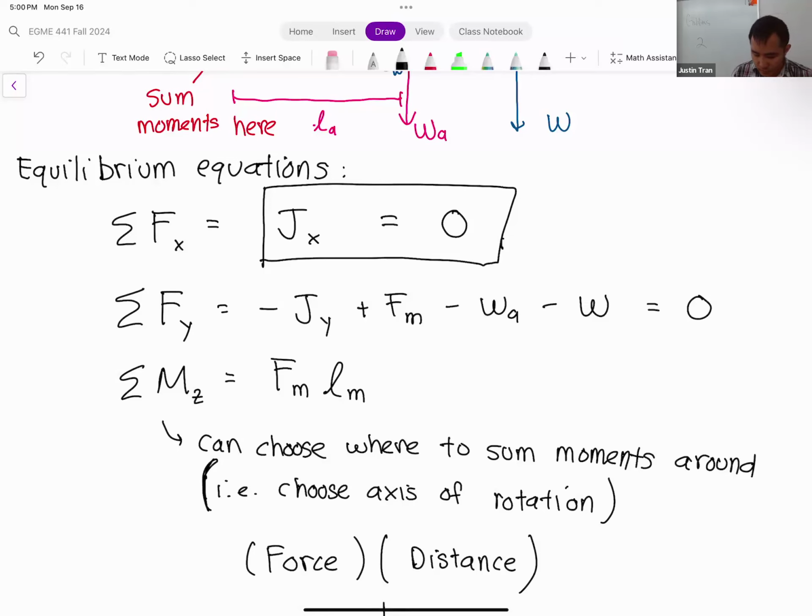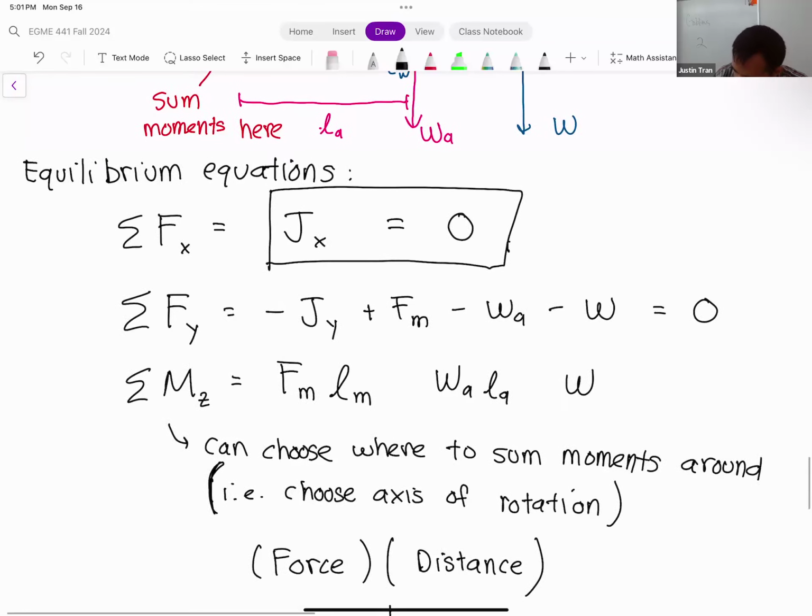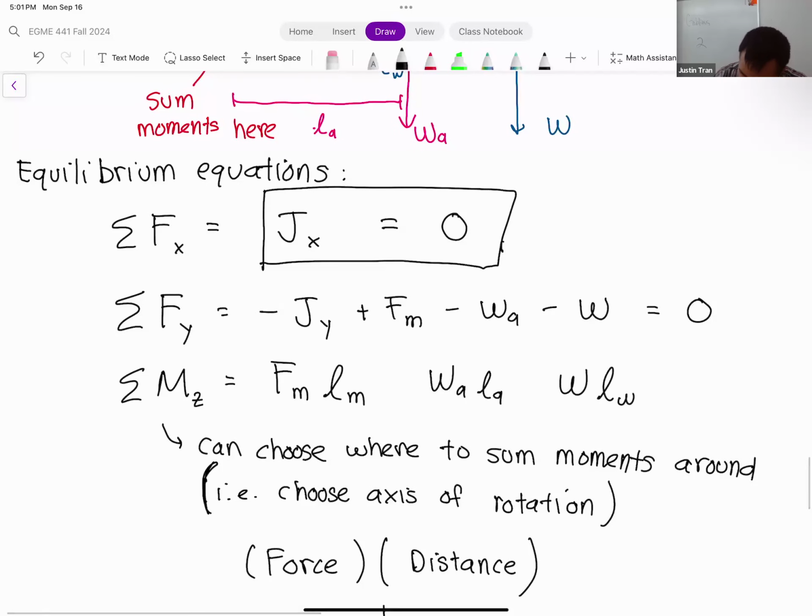So we have WA, LA. I'll get to the signs in a second. I know I haven't put any signs yet. I'm just writing out the three contributions for now. And then we have the contribution from the external force itself. That's W, and it's acting at a distance of LW. And we know that their sum is going to be equal to 0.